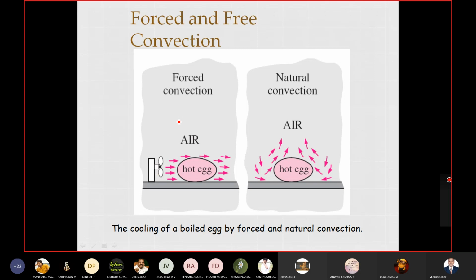If the cooling happens with the natural medium, that is called natural convection. Actually, natural convection will take time, but there are two possible ways for the convection process.